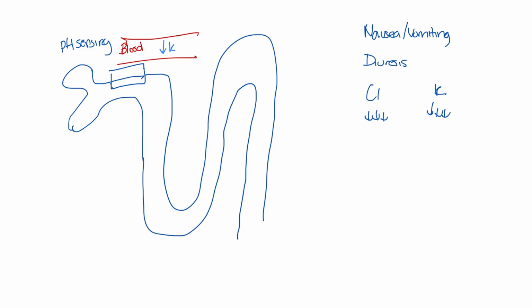Well, what happens is our intracellular stores then move potassium out of the cell in order to try and replenish what's missing in our serum. In return, hydrogen then moves into the cell because these are both positively charged. And so potassium leaves the cell, hydrogen moves into the cell. The intracellular space, the pH starts to drop.